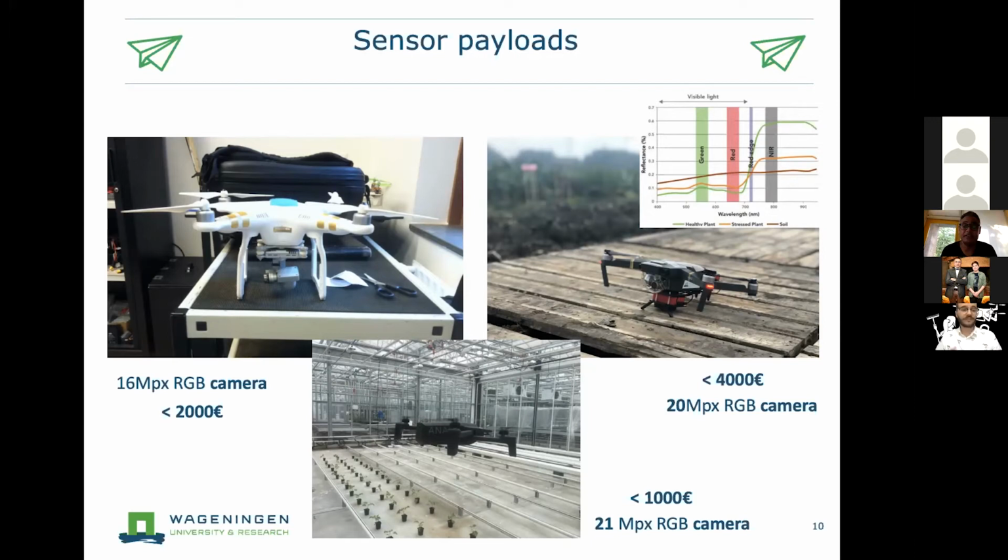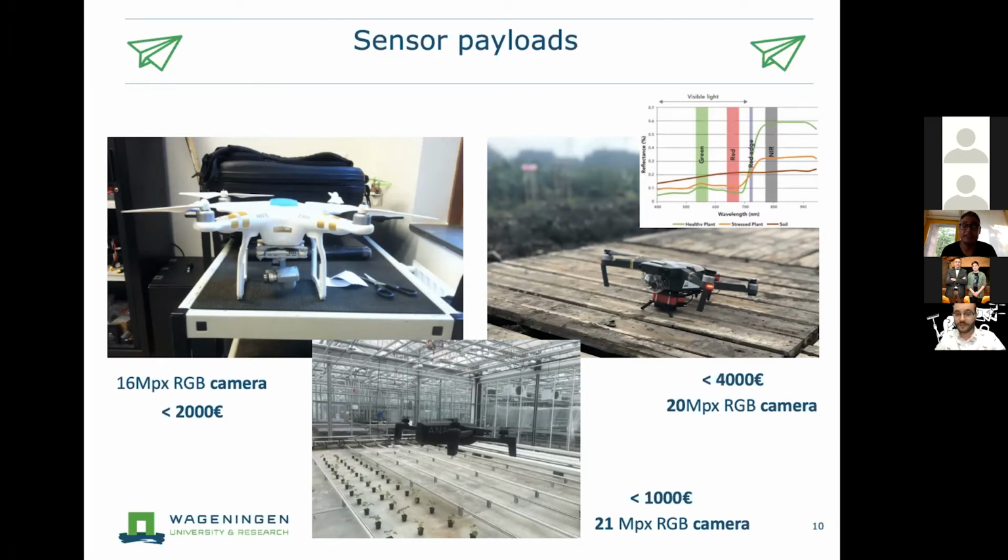So there is also sometimes a trade-off between the capacity of the platform, how good it is, and the price. If you want to spend less than 2,000 euros, you can get one of the Phantom models. The one that I'm showing is not the last model. It is the Phantom 3, which has a camera, for instance, of 16 megapixels.